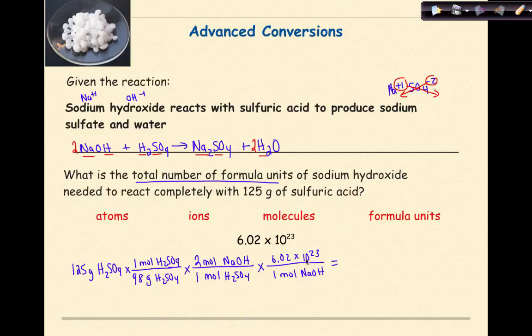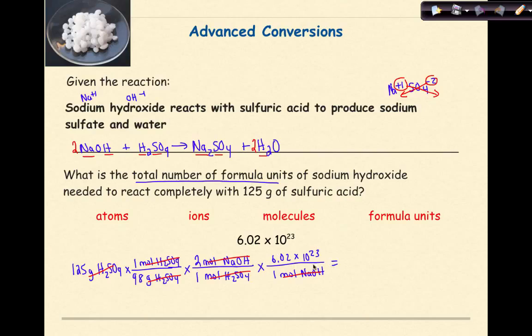So yet again, I take a moment and I make sure that I have this balanced correctly. Grams of sulfuric acid cancels grams of sulfuric acid. Moles of sulfuric acid cancels moles of sulfuric acid. Moles of sodium hydroxide cancels moles of sodium hydroxide. And I am left with formula units of sodium hydroxide.